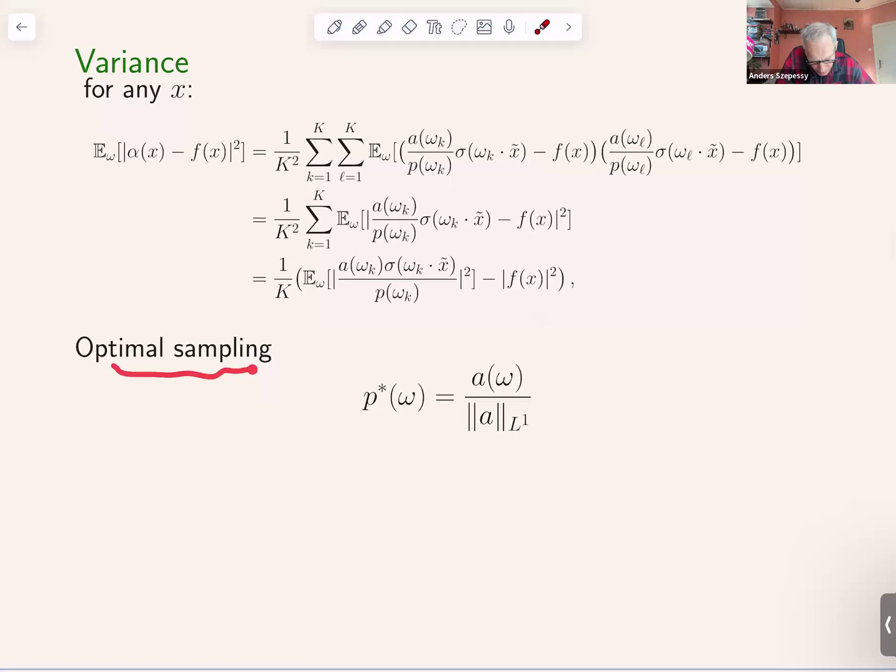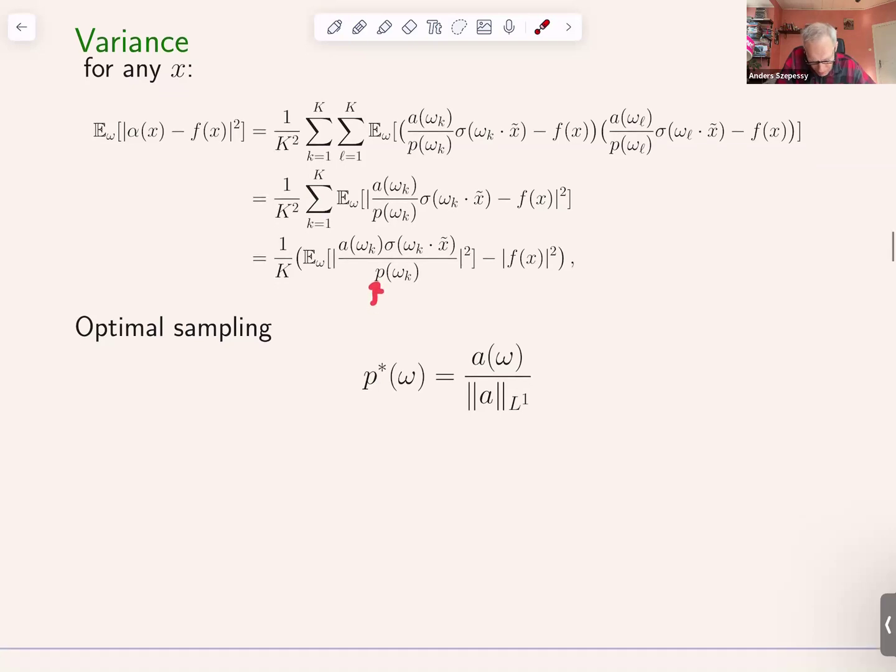I will show you later precisely how to obtain that, but it's given here. You just do a minimization with respect to the density.